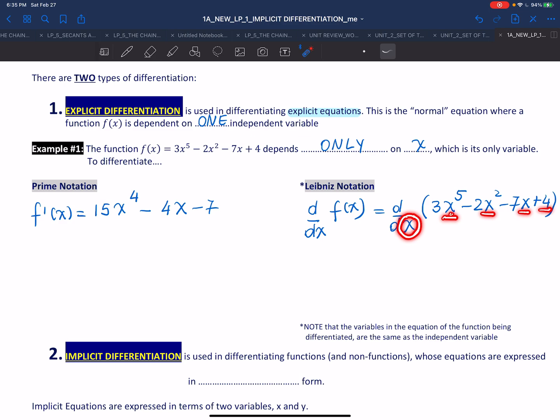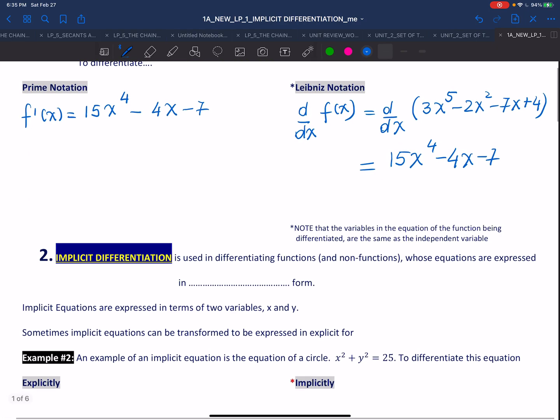We say that the function and the independent variable in the derivative are related explicitly. So in this case, what we do to differentiate is simply use the power rule the normal way, just like we did in the prime notation. So we'll say that this would be 15x to the power of 4 minus 4x minus 7.